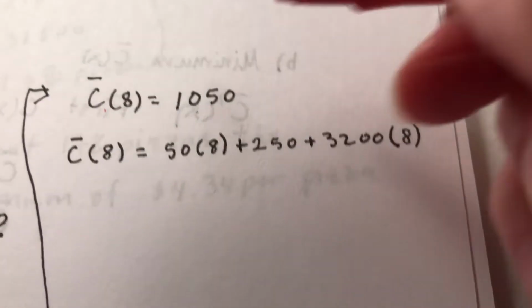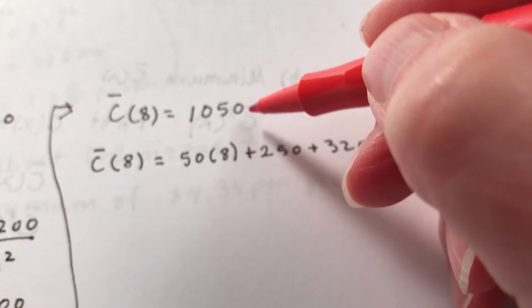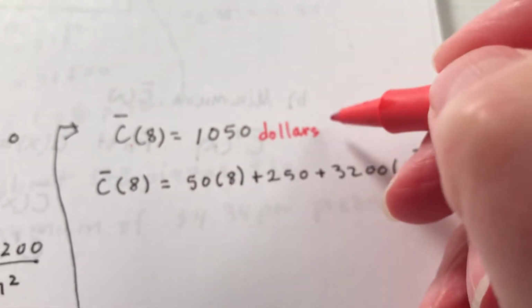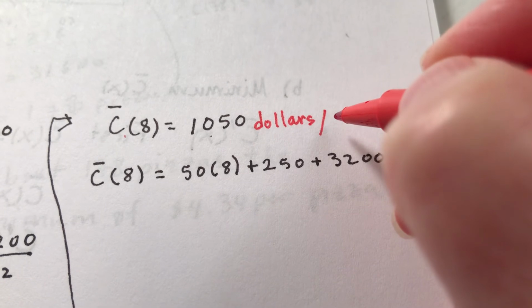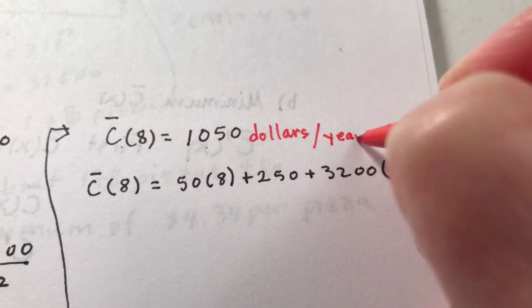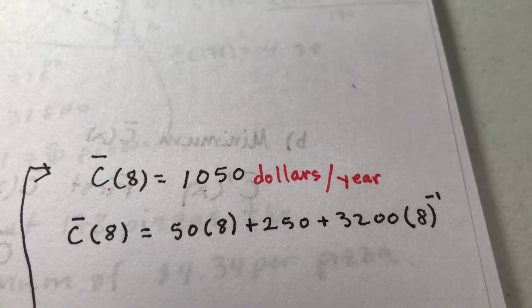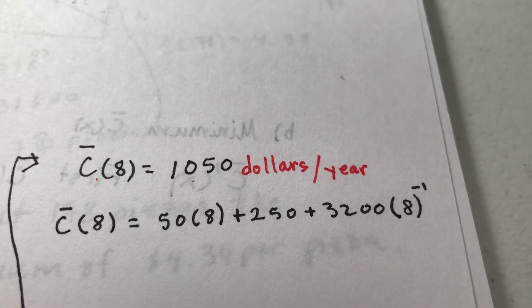And cost is measured in dollars. But average cost is per unit. So this is going to be per, in this case, year. So the average cost of keeping that outboard motor is $1,050 per year.